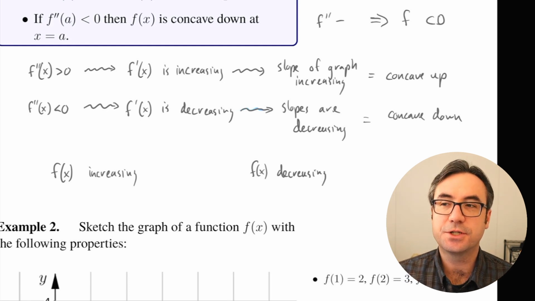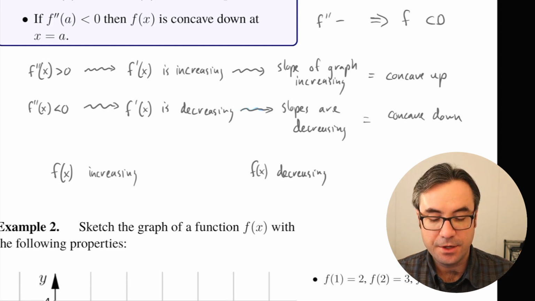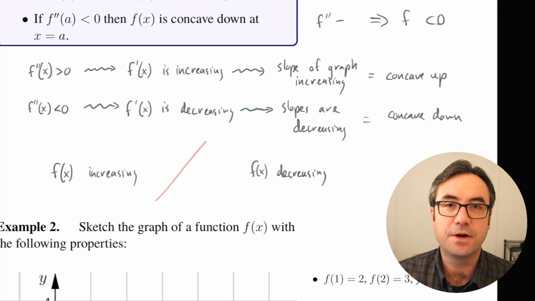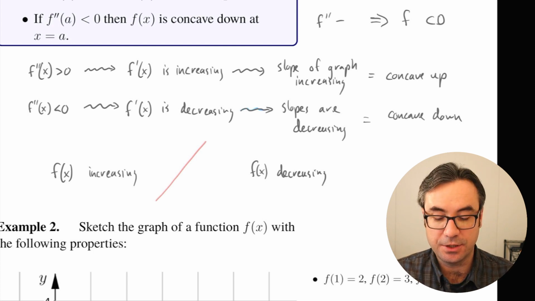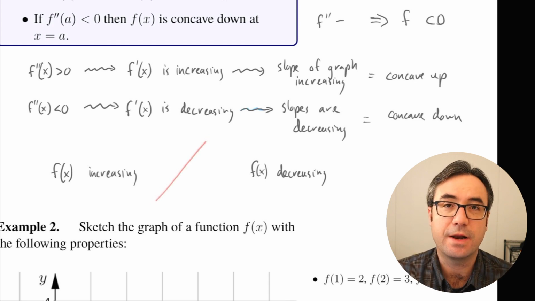If our function's increasing, the general trend of our function is up. It's moving upward, so the tangent line would be moving upward. It'd have a positive slope.